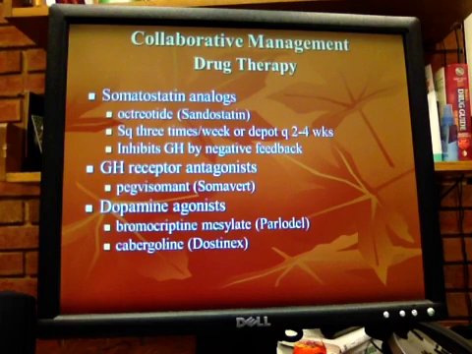In most cases, small tumors will decrease until the pituitary gland is of normal size. Now, side effects to the Parlodel include orthostatic hypotension, GI issues like nausea, vomiting, cramps, constipation, also headache.